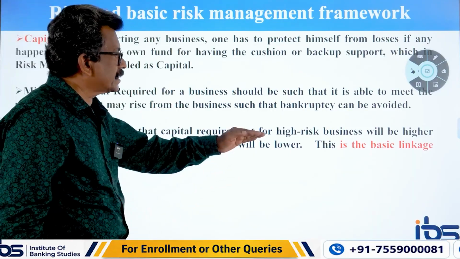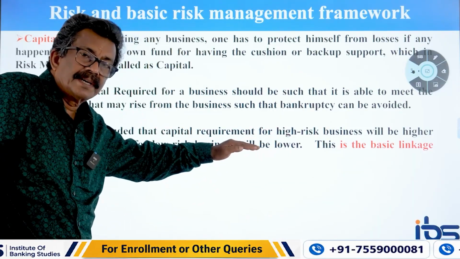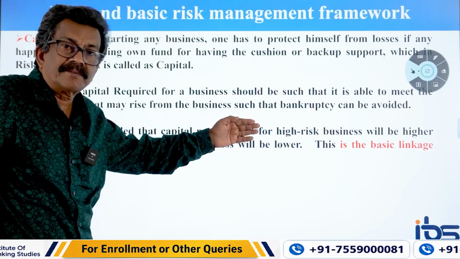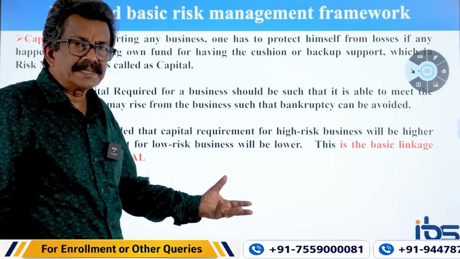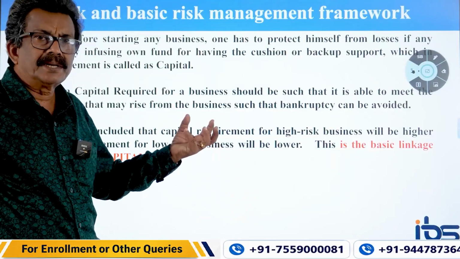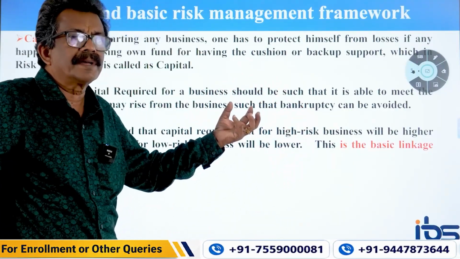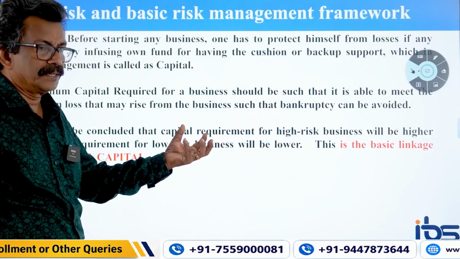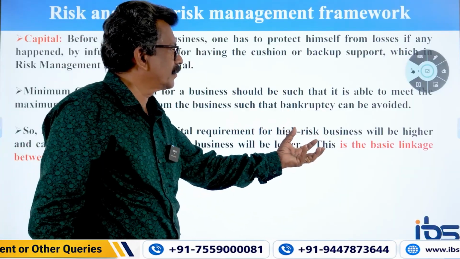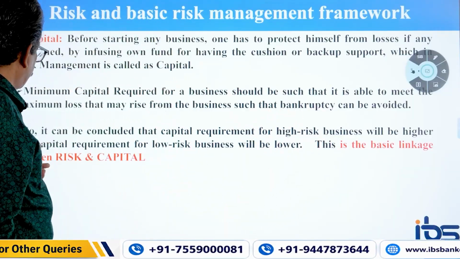Why? Because when you take a high risk business, your risk weighted assets will be more. You need to maintain more capital. High risk means risk is more. You need to maintain a cushion. You need to have an adequate buffer with you. That buffer is called capital. So, when you take more risk, you need to maintain higher capital.